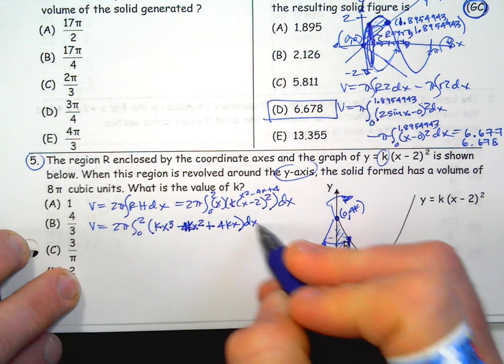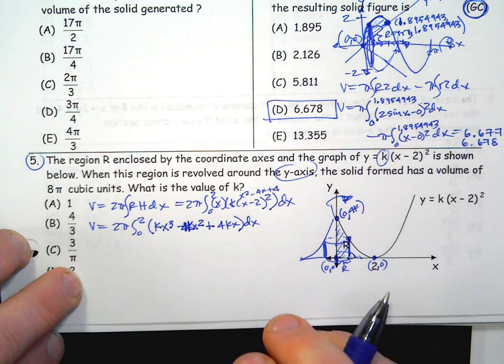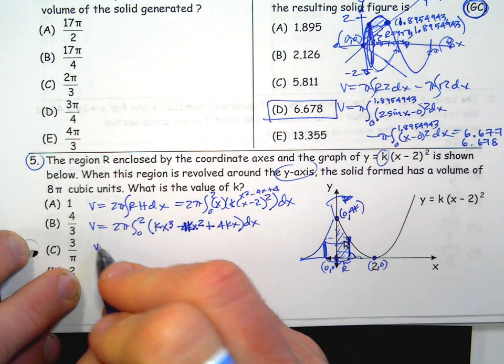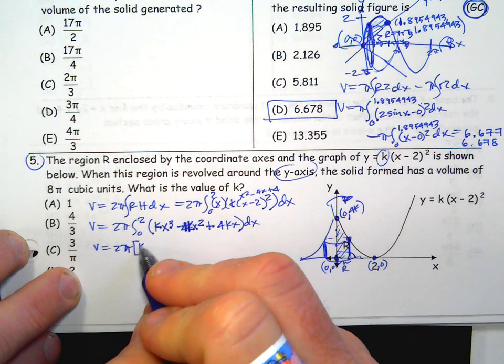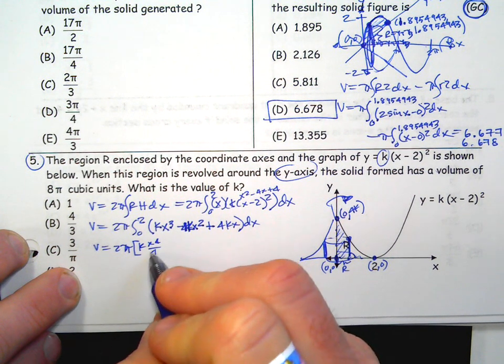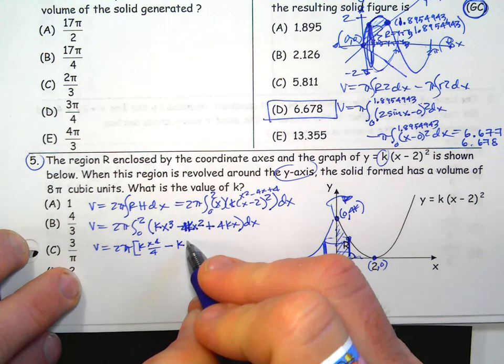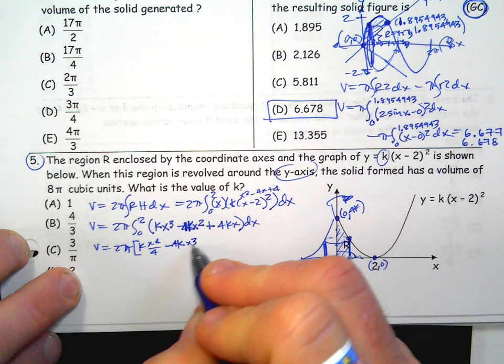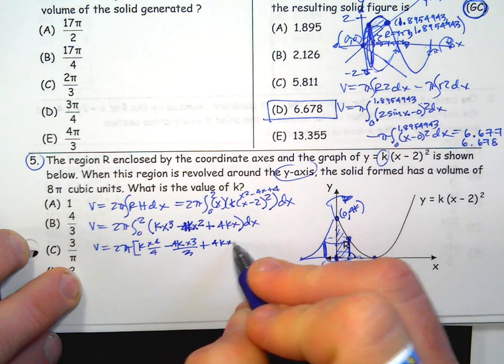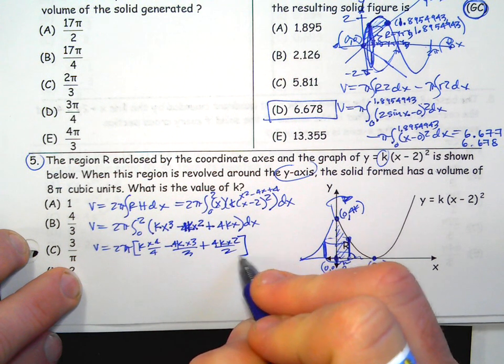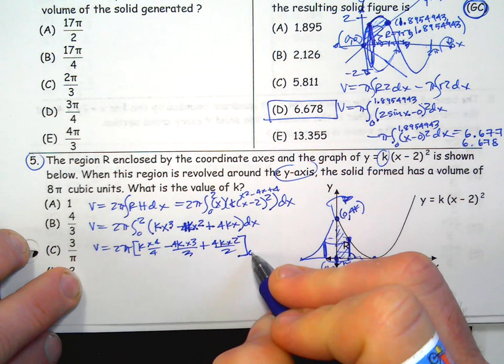I think that's going to be easier to integrate. So then the antiderivative is kx to the 4th over 4 minus 4kx to the 3rd over 3 plus 4kx squared over 2. And then we're going to go 0 to 2.